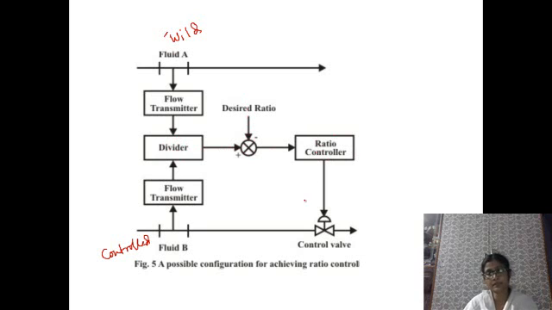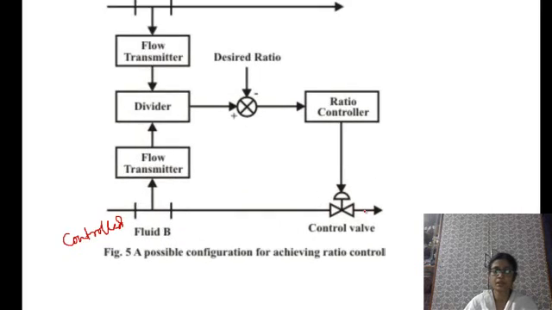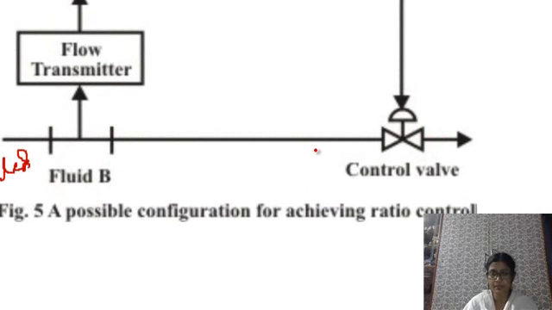Then the controller maintains the outflow of the control path, that is fluid B. This is the most generalized or preliminary configuration of the ratio control scheme.